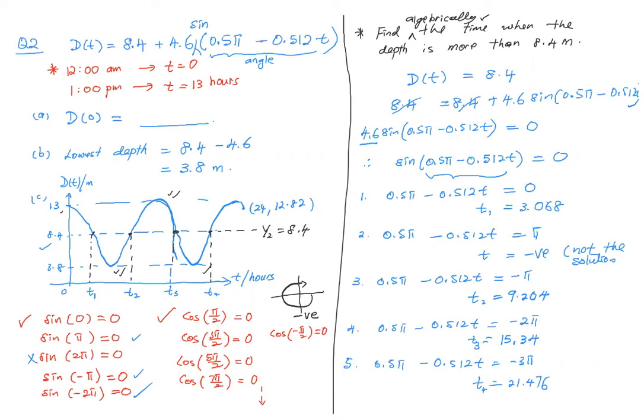Okay, so now you have to convert all these to become time. You know how to convert? So this is 3, how many minutes? You take 0.068 times 60.